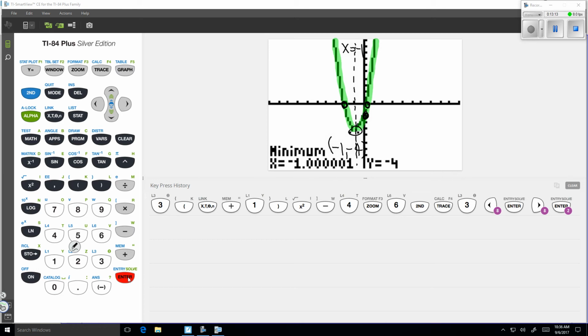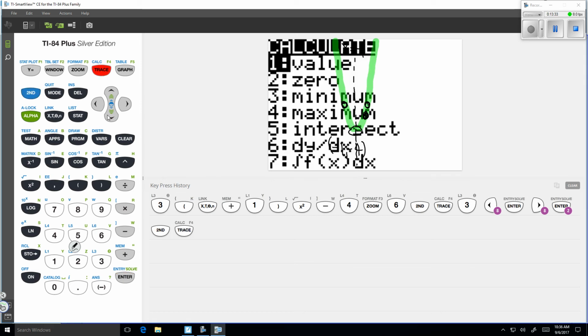Where does it cross through the x and y axes? So we need to determine where that passes through the x and y axes. And so I'm going to use the tool. So I'm going to go here, second calc, and I'm going to use the 0 command.